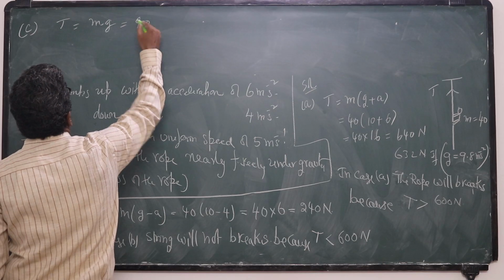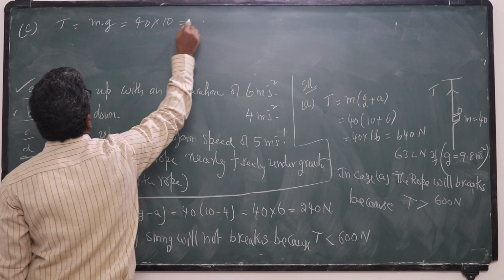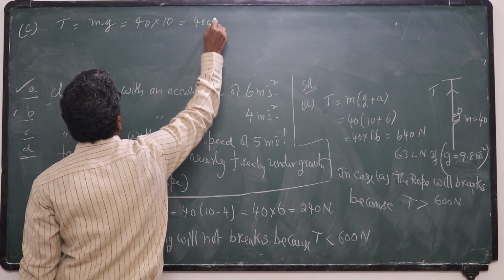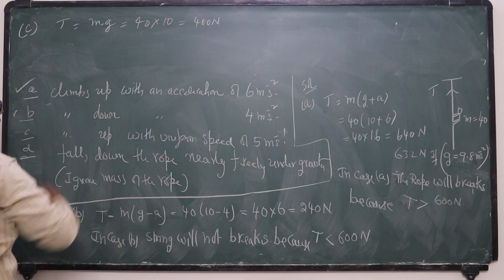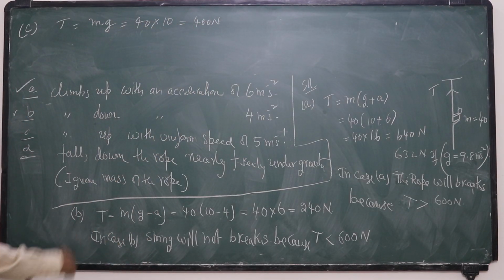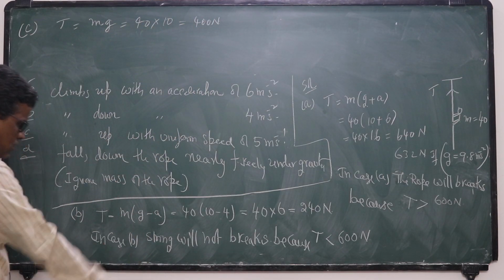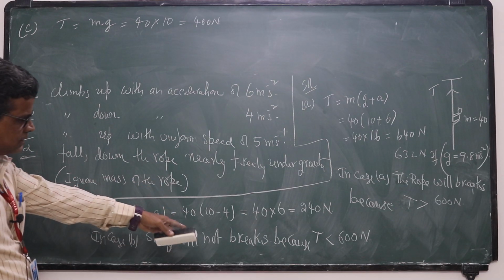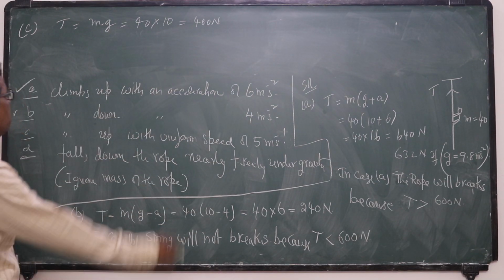What is mg? 40 into 10, that is 400 newtons. So it won't break because it is less than 600. In this case also the string will not break.